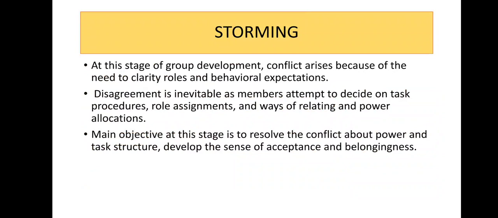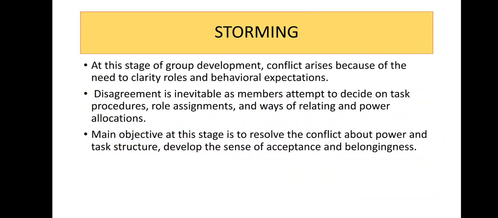The next stage is the storming stage. At this stage of group development, conflict arises because of the need to clarify the roles and behavioral expectations. In the previous stage, it was like a blooming stage where the group was created or formed, and each member was struggling to understand each other.